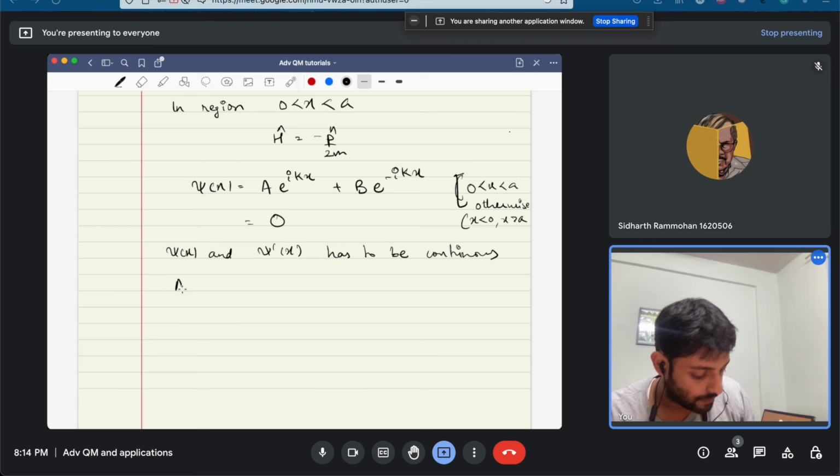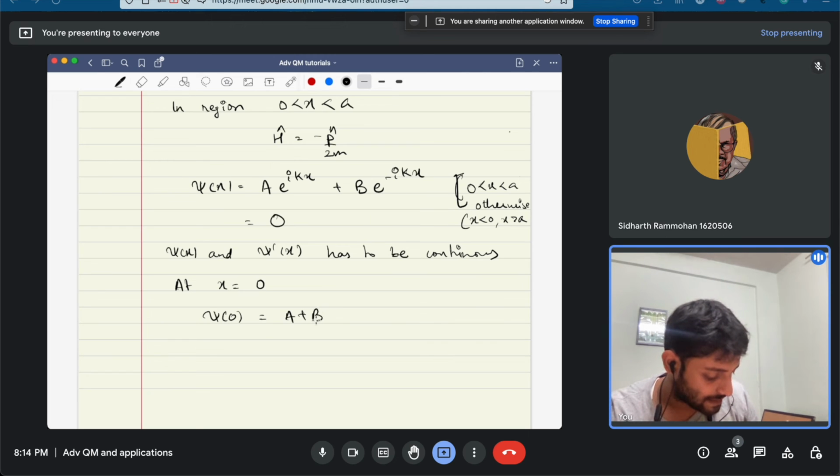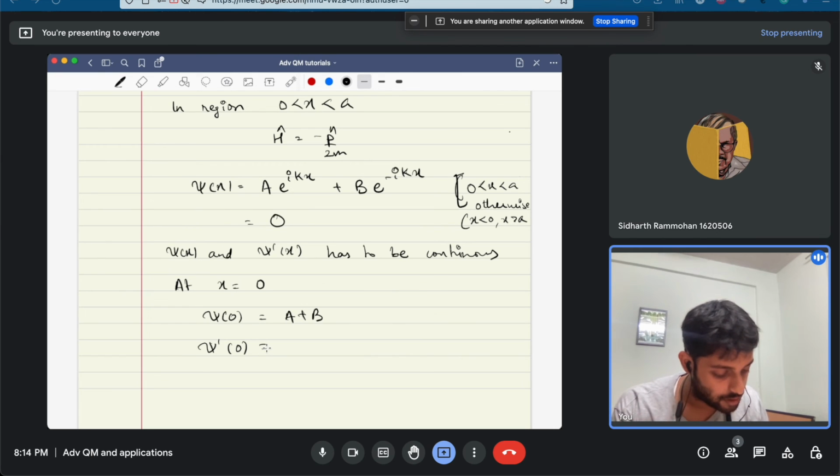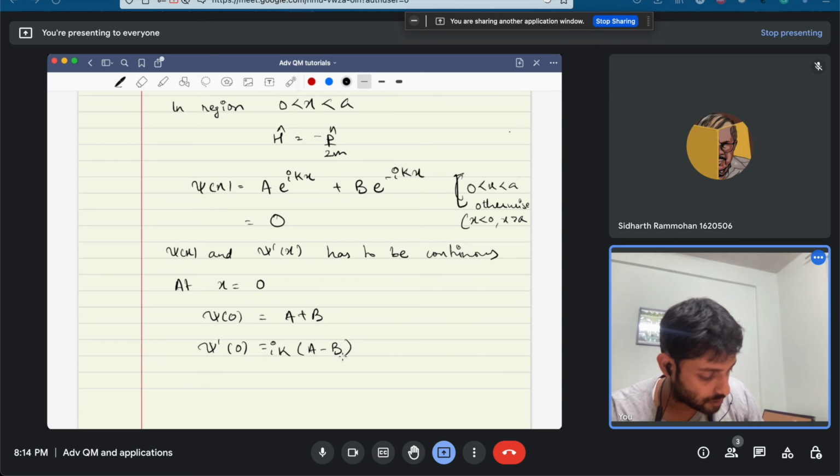So at x equal to 0, psi of 0 is essentially a plus b, and psi prime of 0 is ik(a minus b).